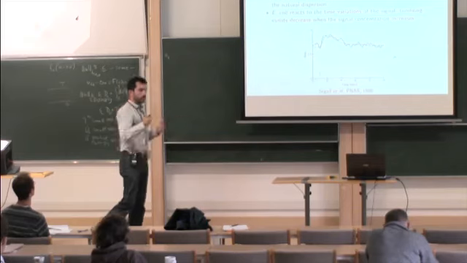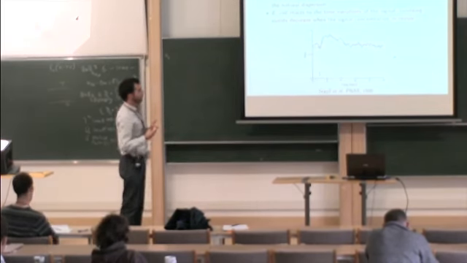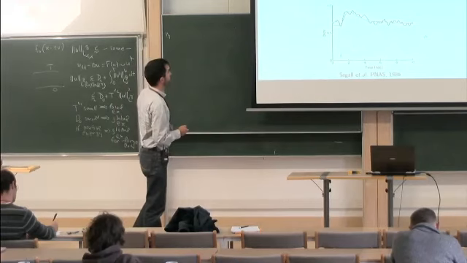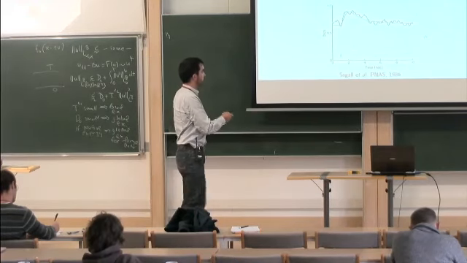Either it's better going in this direction, because the time derivative of the chemical concentration is increasing, and then it will continue in that direction. On the other hand, if the chemical concentration is decreasing, then it will try to find another, better direction at random.